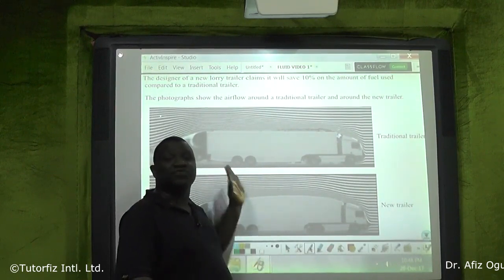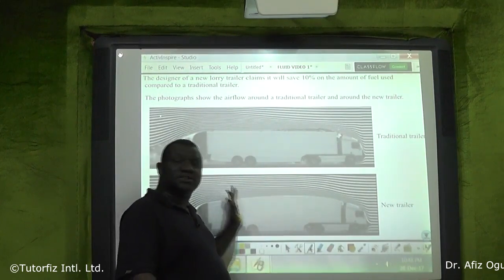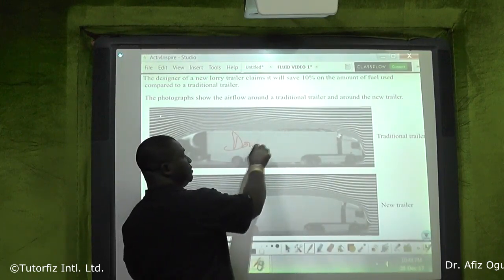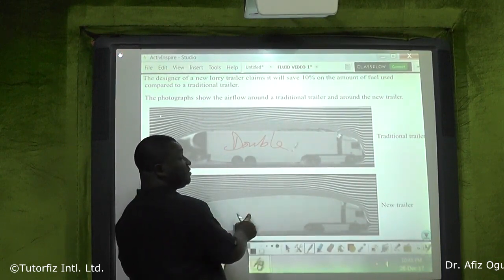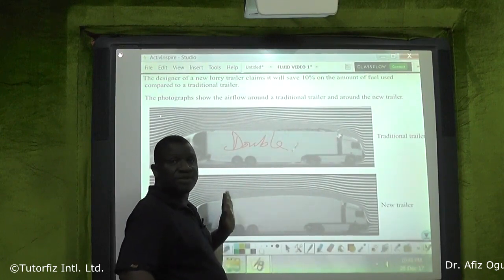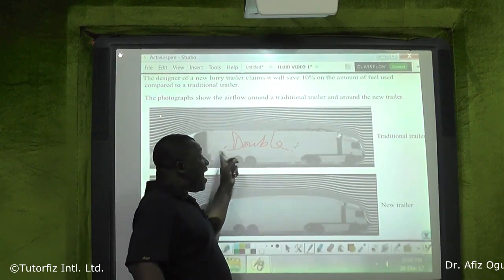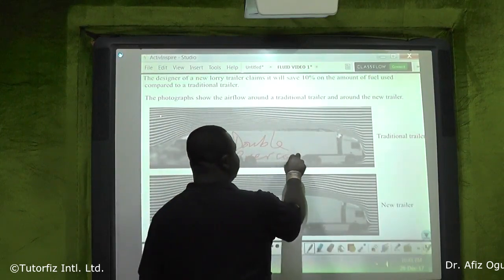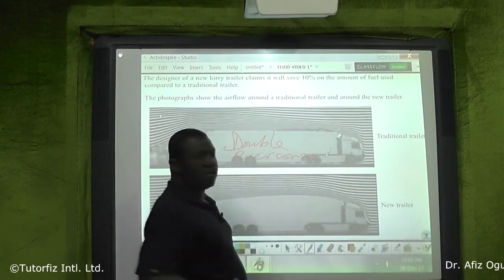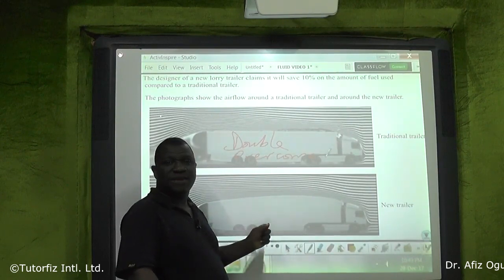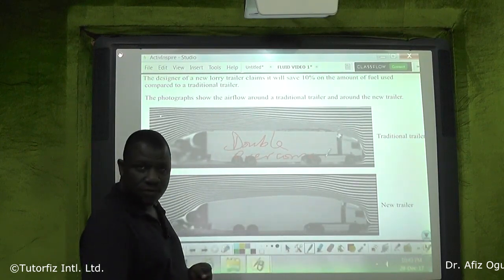And then it will spend more energy just like this. So this one is spending double energy. One energy as this, same energy as this for the motion if they are moving the same distance. Now, another energy here to overcome the drag force associated with the turbulence, which you have less here. So that's why you have this one consuming less fuel.